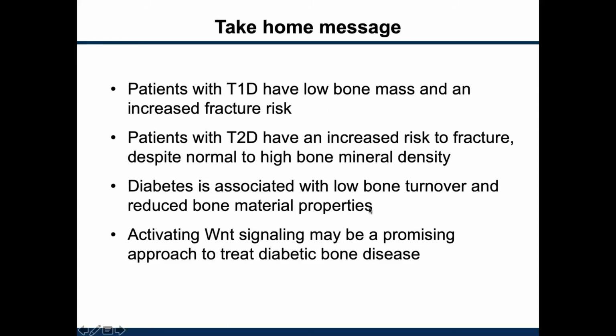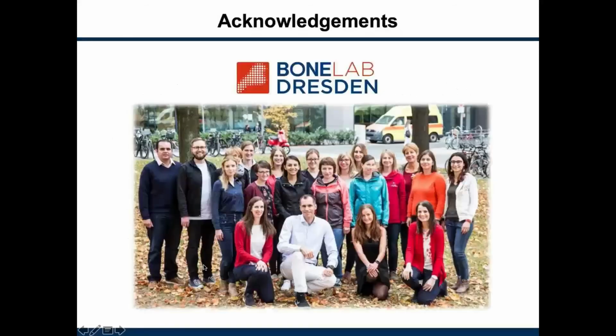I think we can, let's say, generally say that diabetes seems to be associated rather with a low bone turnover state, although for some, especially type 1 diabetes, this might still need to be confirmed in future studies. But what we also clearly have seen in many studies is that Wnt signaling is suppressed in diabetic conditions, and that activating Wnt signaling seems to be a promising approach also to treat diabetic bone disease.